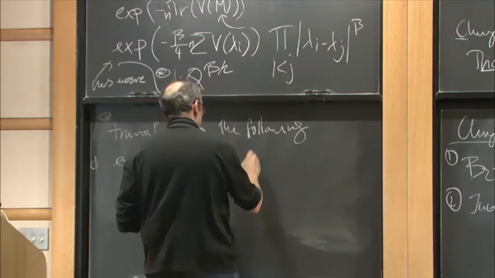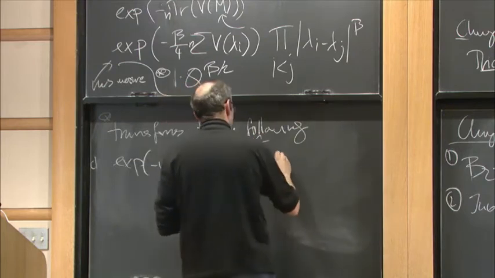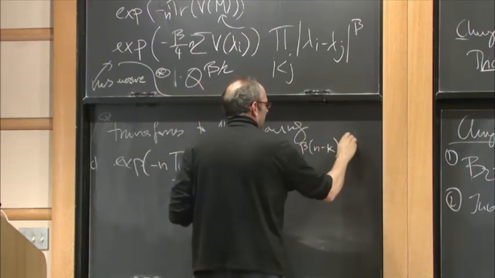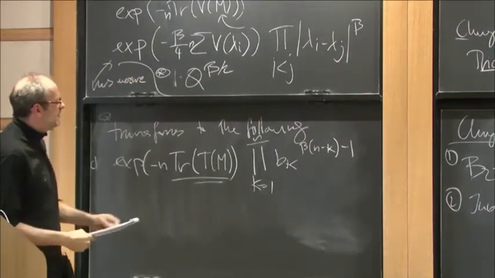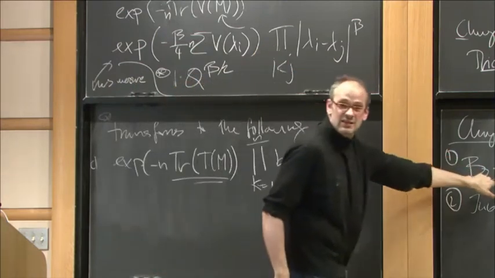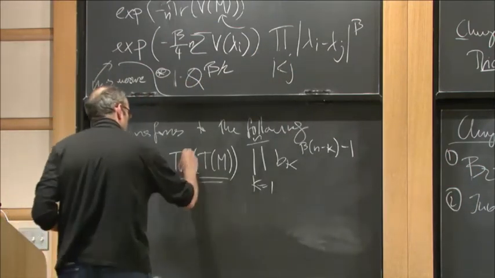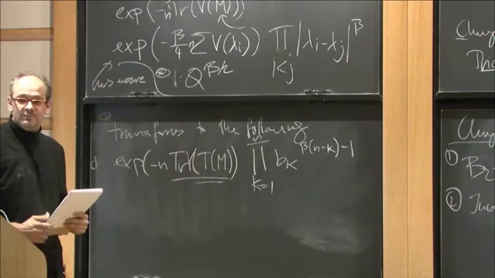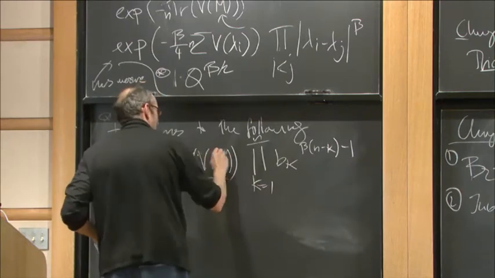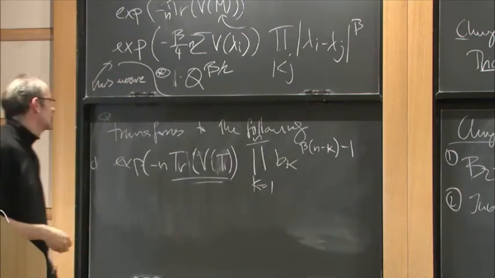Oh no, sorry, it's V of T instead of T of M. And T is the tridiagonal matrix.